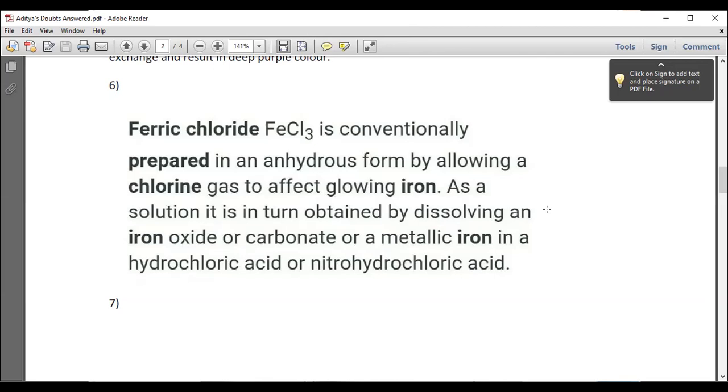These are quotes from Huheey's Inorganic Chemistry. How many books do you have? We have a lot of books. Okay, Puri Sharma and Pathania, it is an undergraduate reference. That's all. J.D. Lee is strongly recommended.